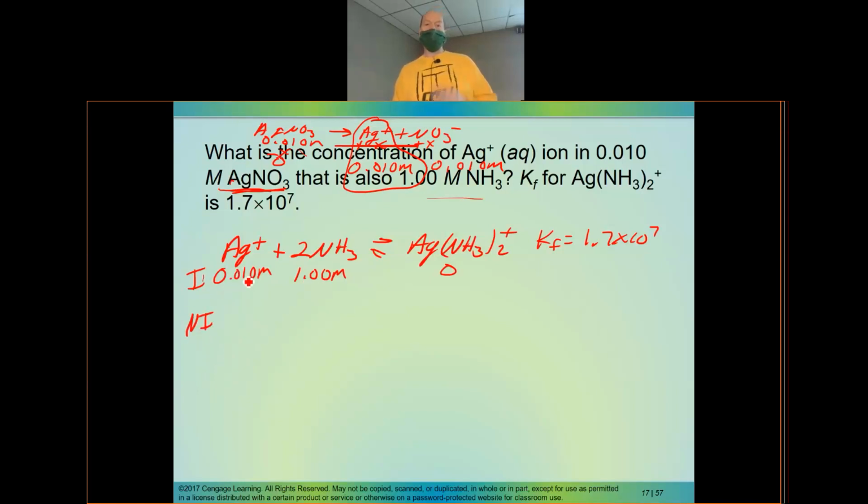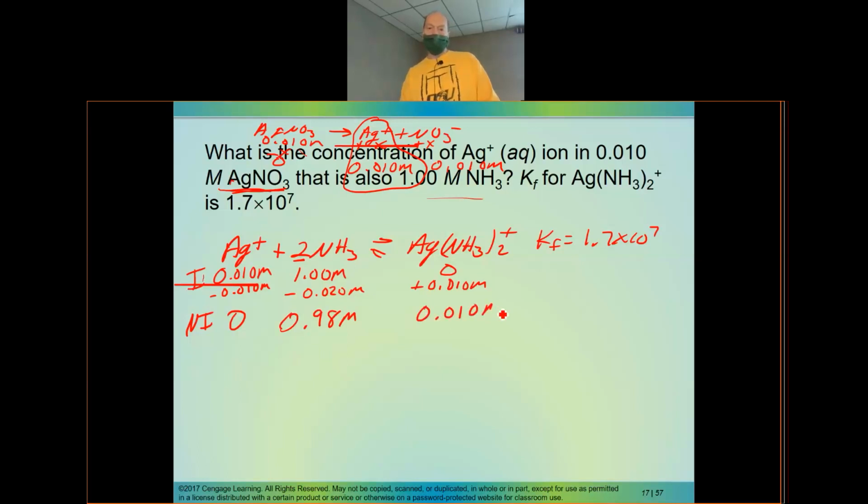And so we see that we have a very small concentration of Ag plus that is going to 0. And so we subtracted our 0.010 molar. And now this is 2 times that. We subtracted 0.020 molar. And this is adding 0.010 molar. And so our new initial is that is now 0. This is 0.98 molar. And this is 0.010 molar.